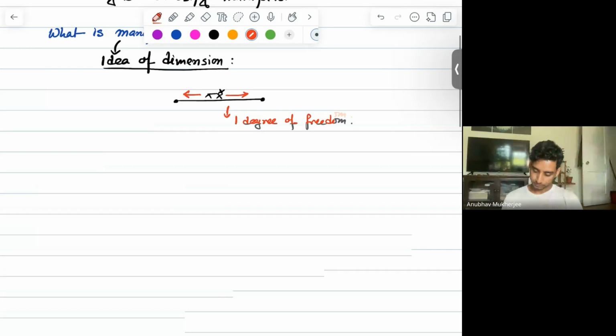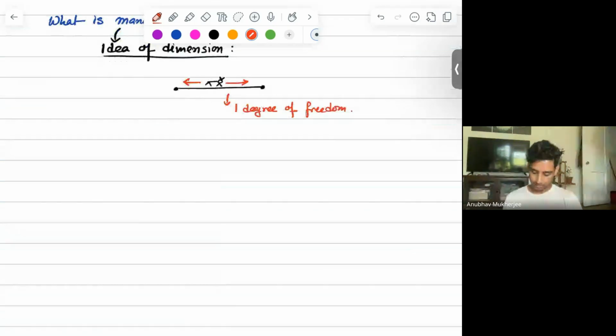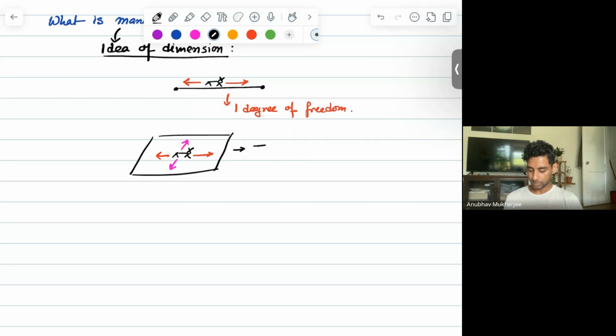But now, if I replace the string with a page of paper, then the ant has, intuitively, 2 degrees of freedom. The forward and backward movement is still there, but now there is also up and right. Notice that these two movements are linearly independent.